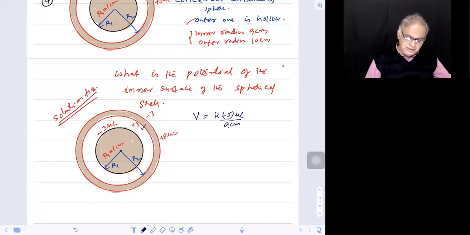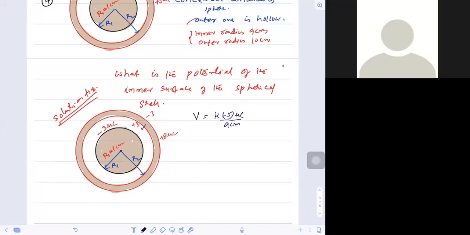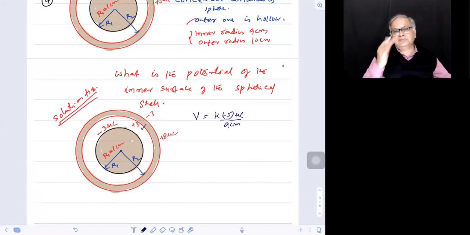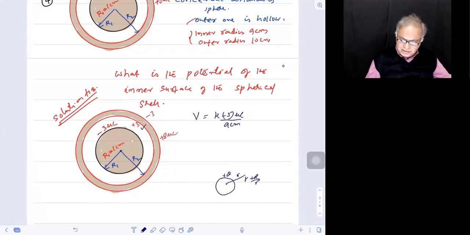Potential due to the -3 microcoulombs at this point, can I write like this or not? If I have a sphere like this, potential at an external point at distance R is K into plus Q by R. That only I wrote. Many times this has come.